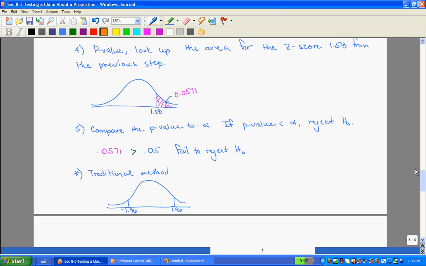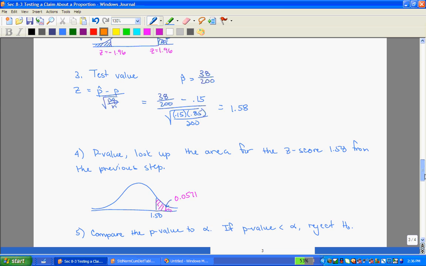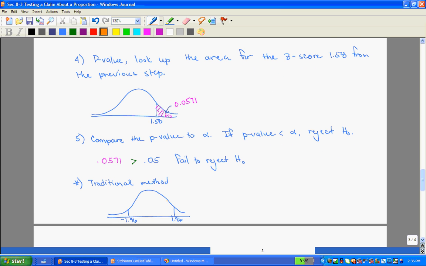And if we put our test value or test statistic in there, we got 1.58, which falls right here. Well, we get the same conclusion because 1.58 is not in the rejection region. So since 1.58 is not in the rejection region, we fail to reject H0. So same conclusion, just different method.